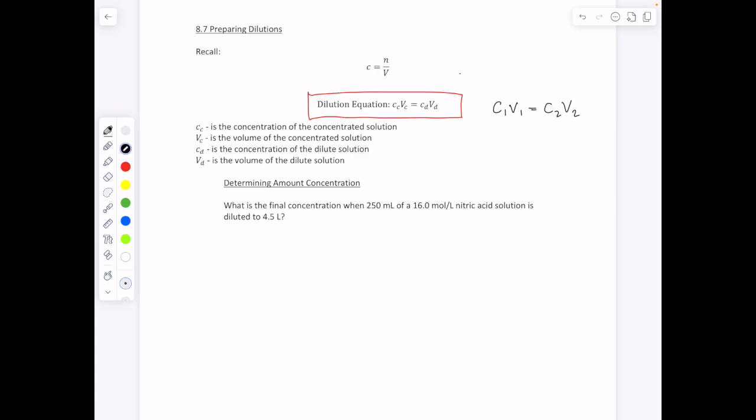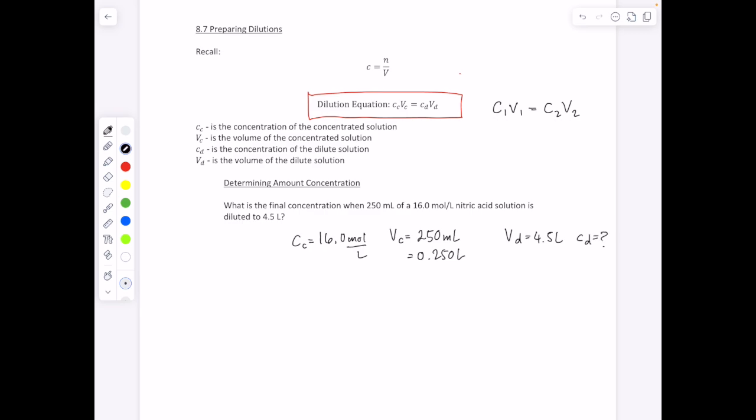So we have the concentration of the concentrated solution, 16.0 moles per liter, and the volume of the concentrated solution, 250 milliliters, or 0.250 liters. We have the volume of the diluted solution is 4.5 liters.